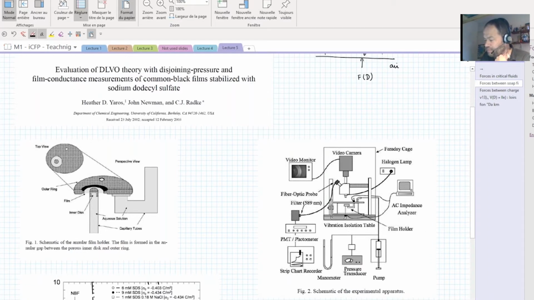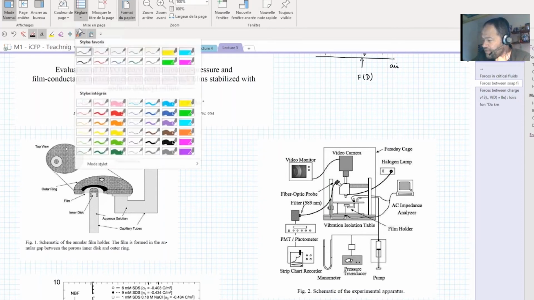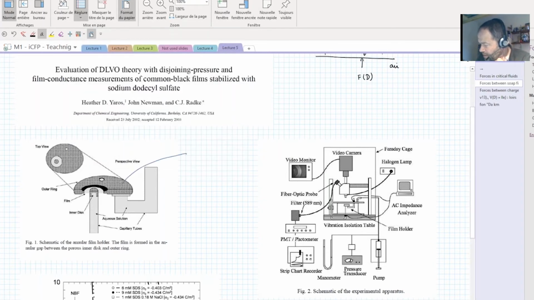And the idea is, well, basically, I don't know if you see here, but the idea is that here you have kind of a porous material that is connected to water through this capillary tube.